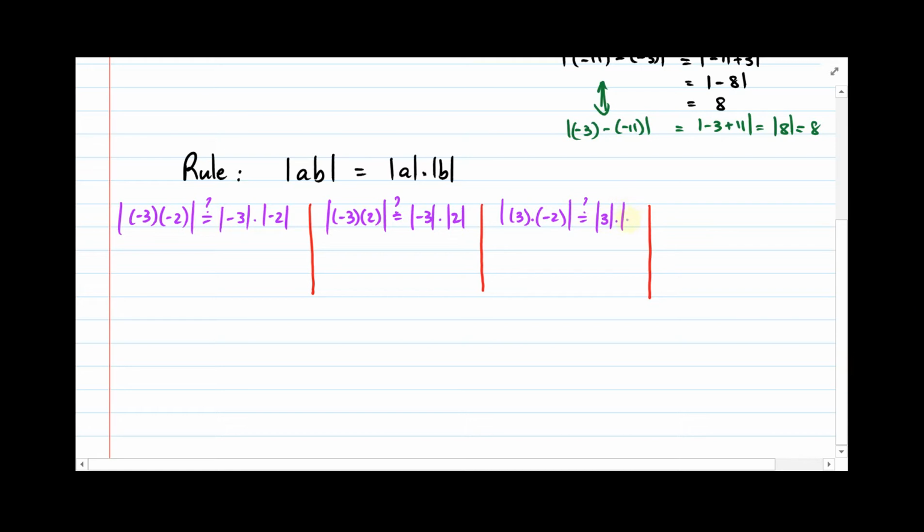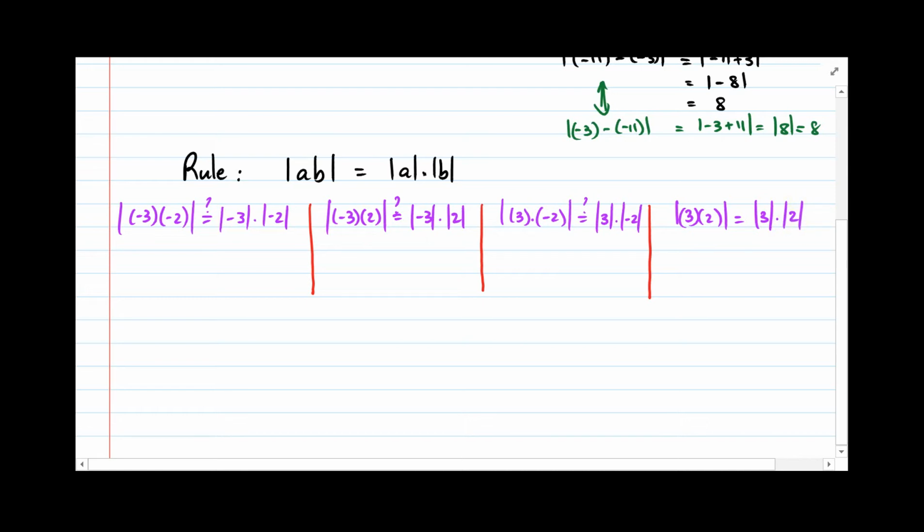Remember, the central dot there just means multiply. It's a shortened version of writing a cross, or times, for multiplication. And the final one, both A and B are positive. Would we end up with anything different here?